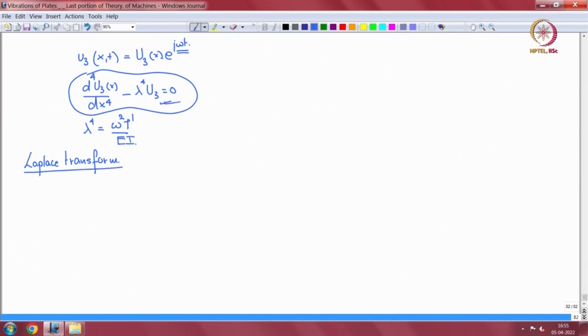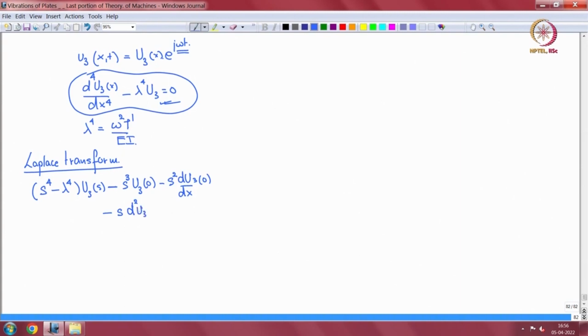If I take a Laplace transform of this, I get s fourth minus lambda fourth times the Laplace transform of u3, minus all the orders of s along with the boundary conditions: s cube u3 of 0, minus s square du3 by dx at 0, minus s d2u3 by dx2, minus d3u3.